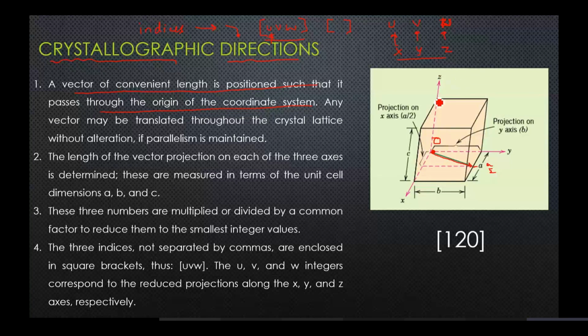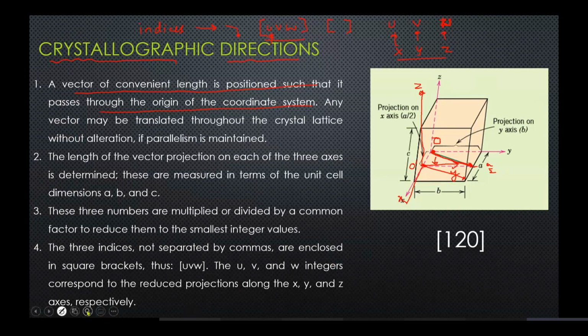Let's say I have changed my origin and I decide that my origin starts from here, with Z, Y, and X. So I have to move this vector in a way such that the parallelism is not disturbed and it still passes through the origin. So I'll move this vector this way so that the vector starts from the newly defined origin O dash, and the parallelism is maintained.